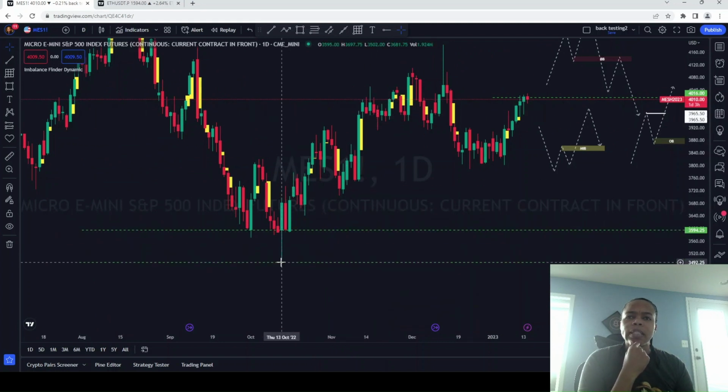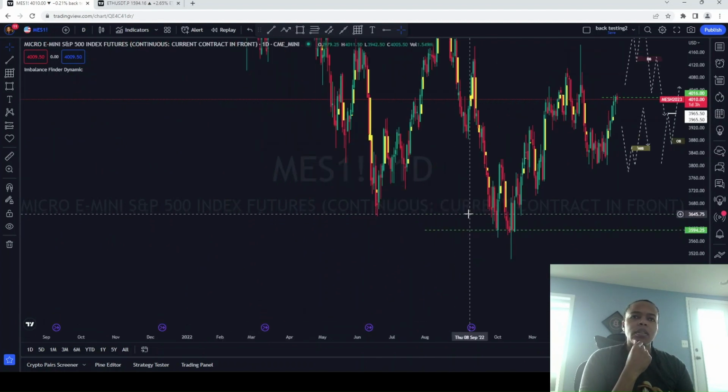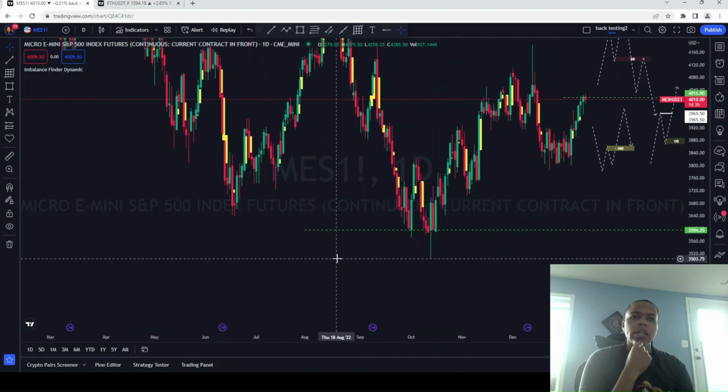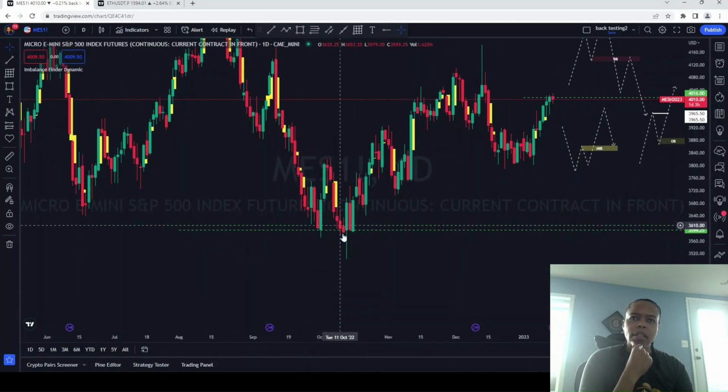We don't see price digging into it, but they did eat the sell side liquidity here, and then it came back down. They ate it on this run, then it came back down again to take out the rest, and then we're back up.